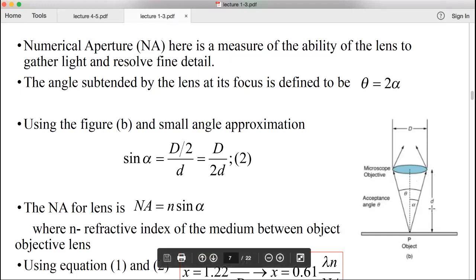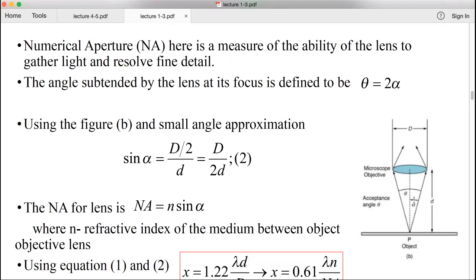So small d here is how far this microscope lens is situated from the object. And capital D here is the size or the diameter of the lens. The angle subtended by the lens at its focus is defined to be theta. So here this is the theta value, and that is of course 2 alphas, right?